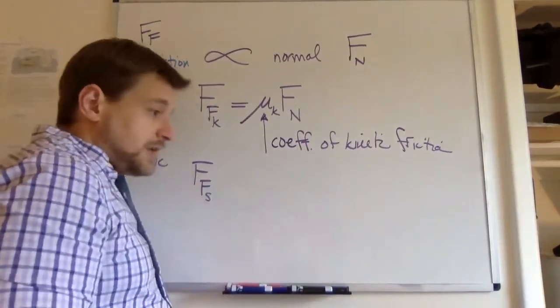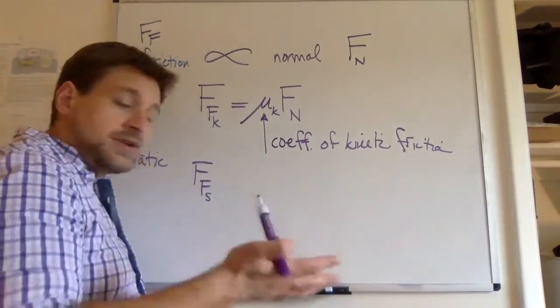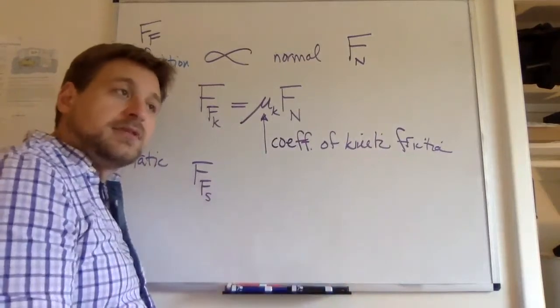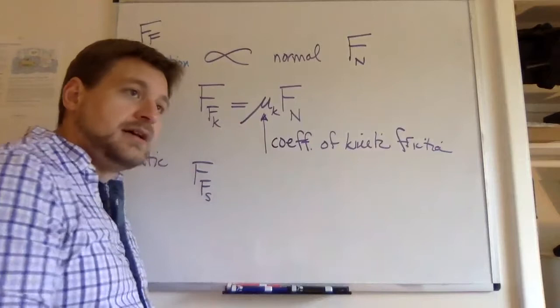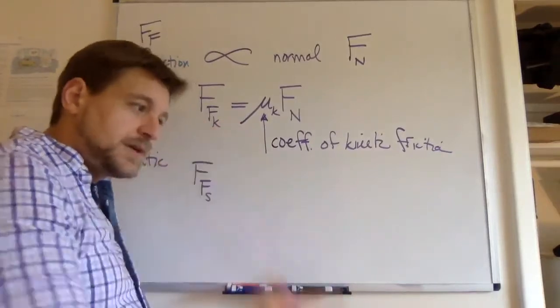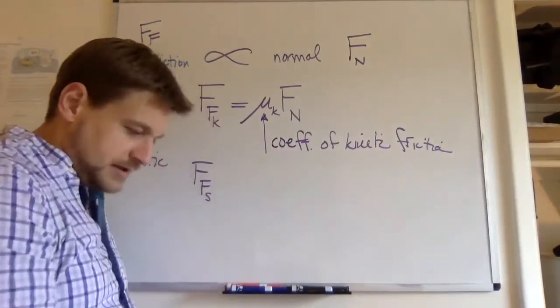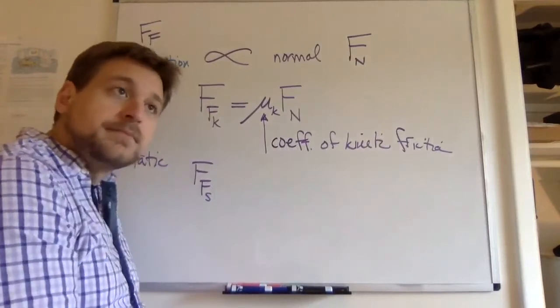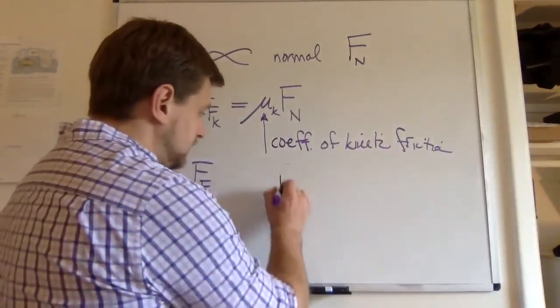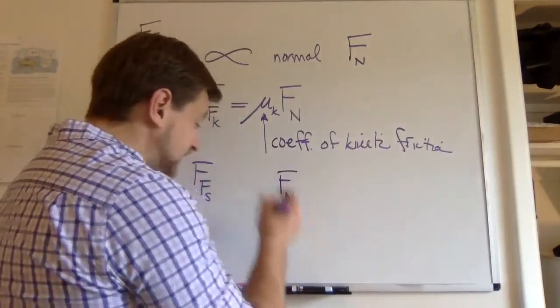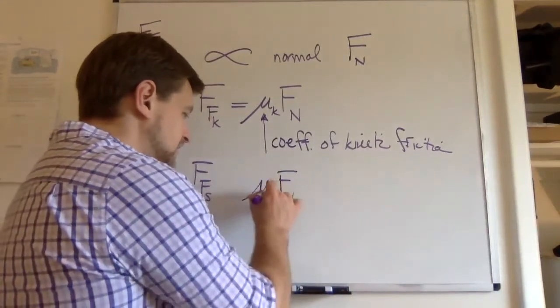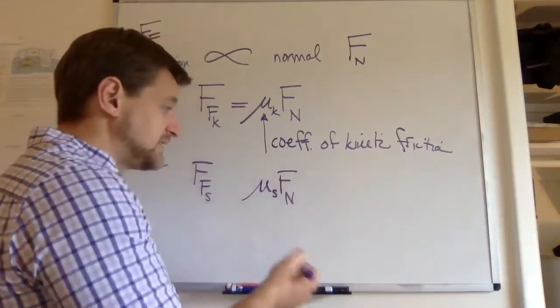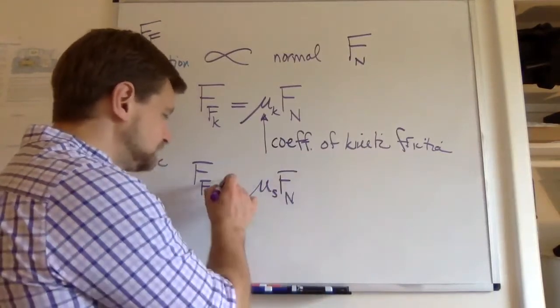We're going to characterize static friction according to that limiting value, the largest possible value of friction between an object and the floor, and express that largest possible value in terms of the normal force and the coefficient, in this case, of static friction.